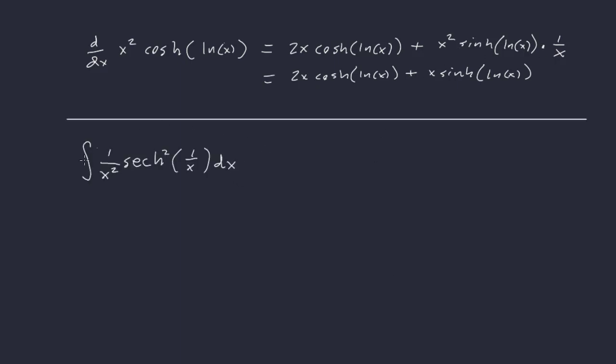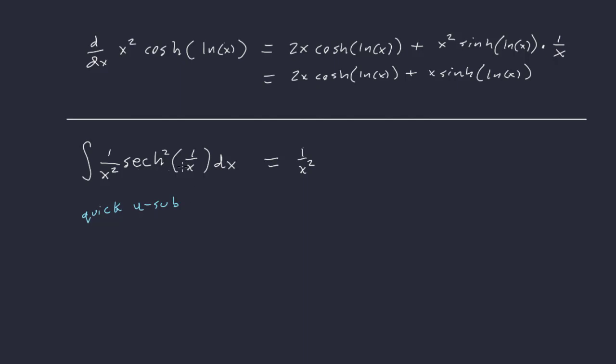For this next example, we'll look at an integral. I have 1 over x squared times secant h squared of 1 over x. So this is actually a u substitution, and we can do a quick one by just leaving the 1 over x squared, the outside piece, and integrating this, leaving the inside alone, and then dividing by the derivative of the inside.